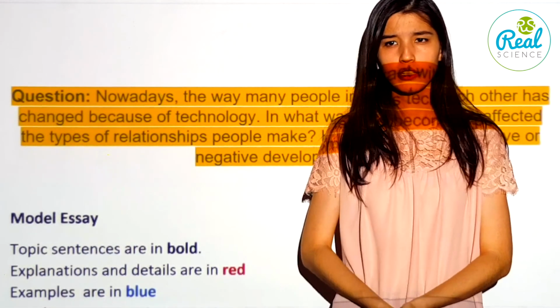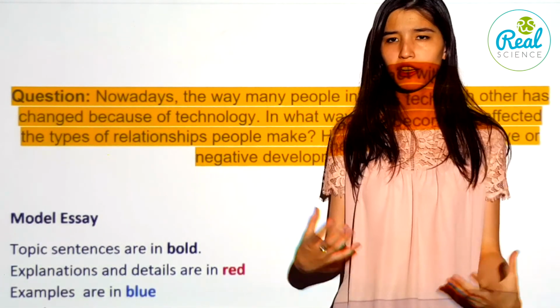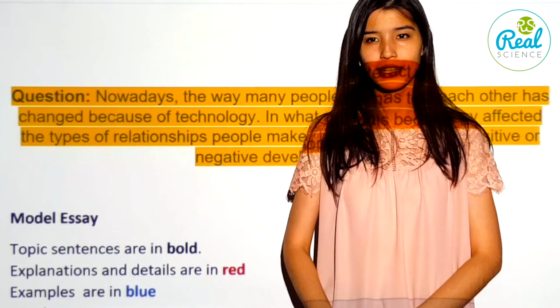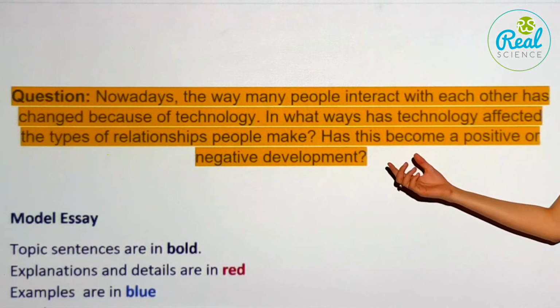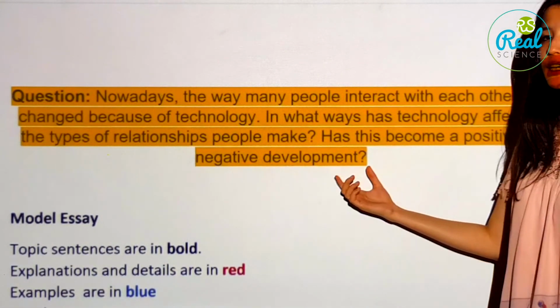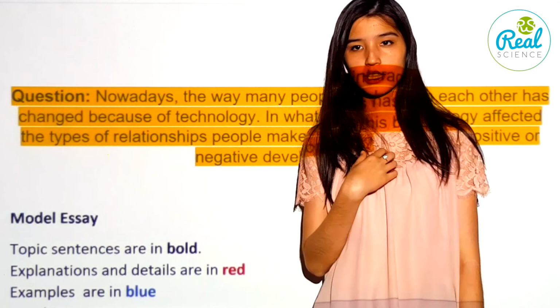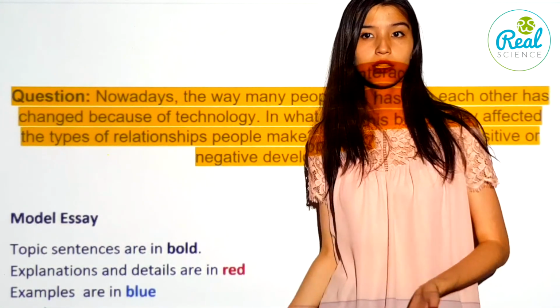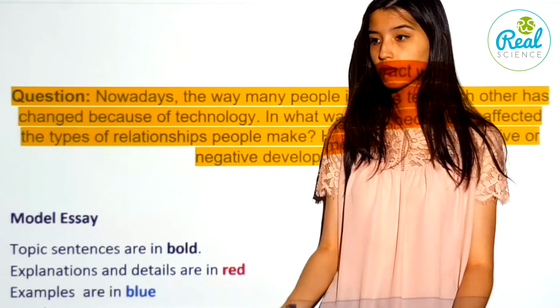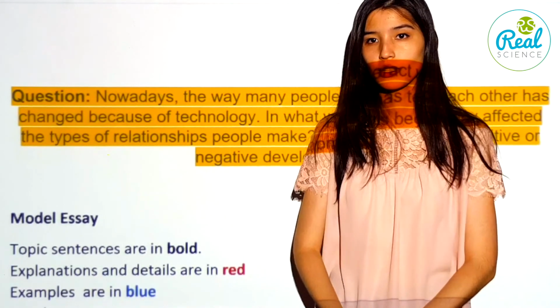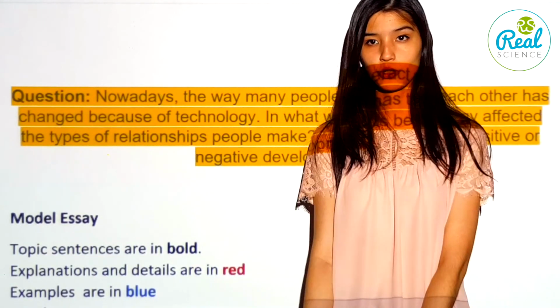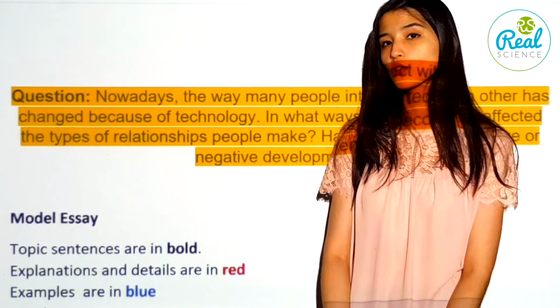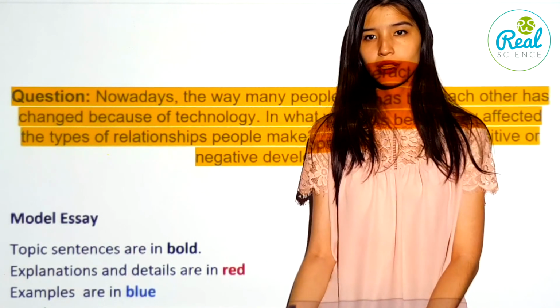For example, give your opinion or use your life experience to answer this question. No, it doesn't. However, it's asking you, has this become a positive or negative effect? So it means that you have to decide by yourself. Do you think it's positive or negative? So thus it's your opinion. That's why in the second paragraph, you are allowed to give your opinion. And in the conclusion part, why do you have to restate a thesis statement?